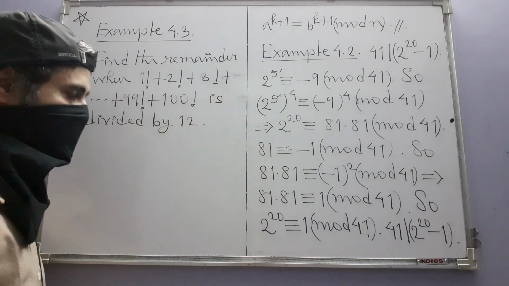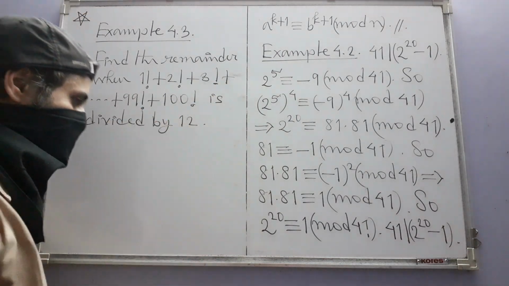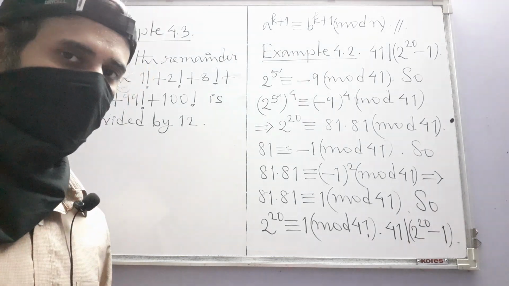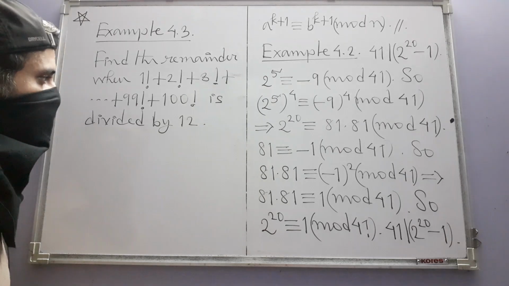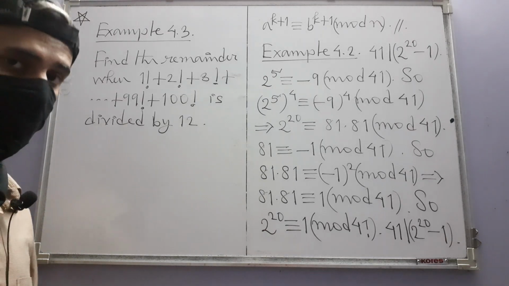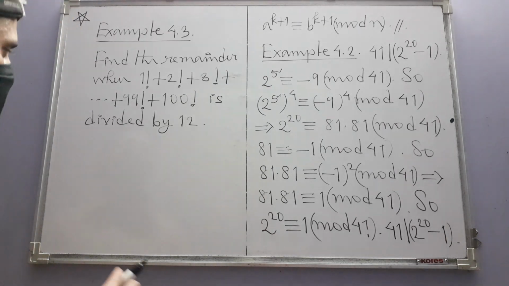Forget about adding these numbers. 100 factorial is the product of the 100 natural numbers, and that itself will be extremely large. But anyway, how can we find the remainder using congruences?